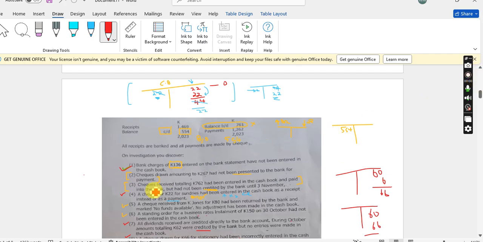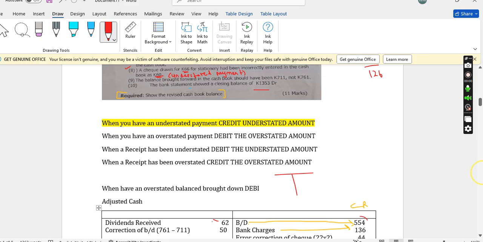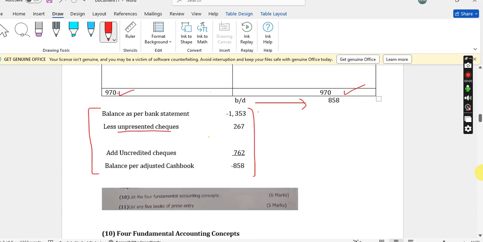Sorry, sir, I have a question. For the unpresented checks, the situations whereby we add, not less. That's when you start with the balance as per adjusted cash book, then you're working backwards.